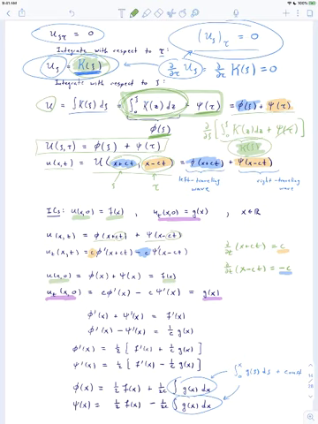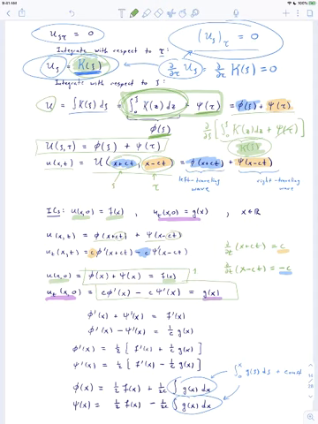So these initial conditions give us two equations. We have phi at x plus psi at x equals f of x, and we have c times phi prime of x minus c times psi prime of x equals g of x. So we have two equations, and we want to figure out what phi and psi are. There are a couple of different ways you can do this, but what I did here was take the first equation.